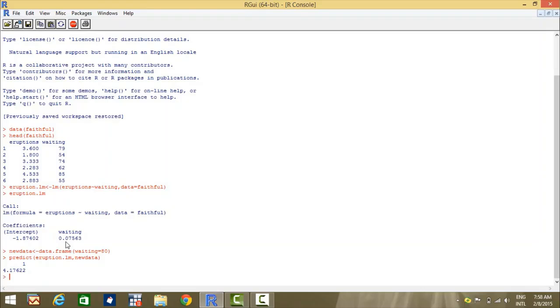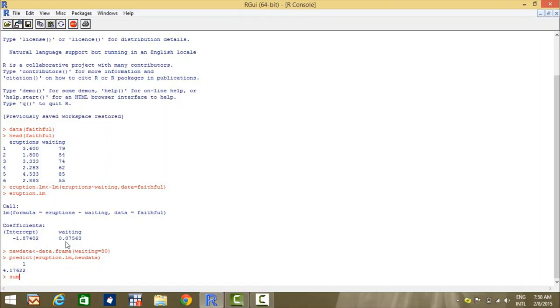Okay. Now, let us come to another question. Say for this model, I want to find out the coefficient of determination. Now, what is the coefficient of determination? It gives me a measure of goodness of fit, of how good the fitted model actually is. So, how do I find that out? I know that the summary of the linear regression fitting contains all the necessary metrics and I can infer it from there.